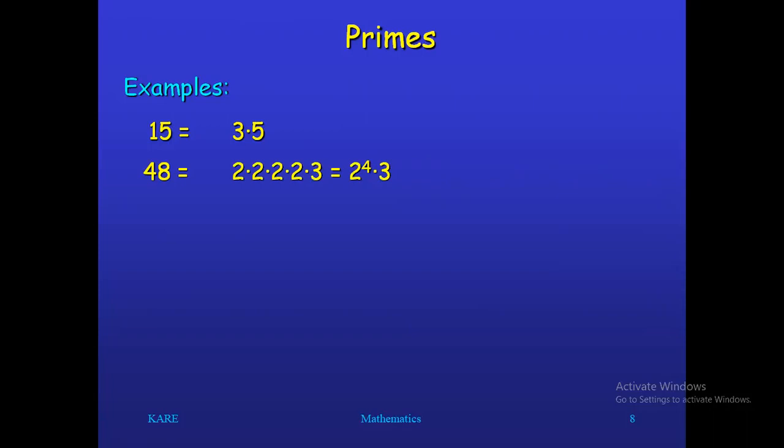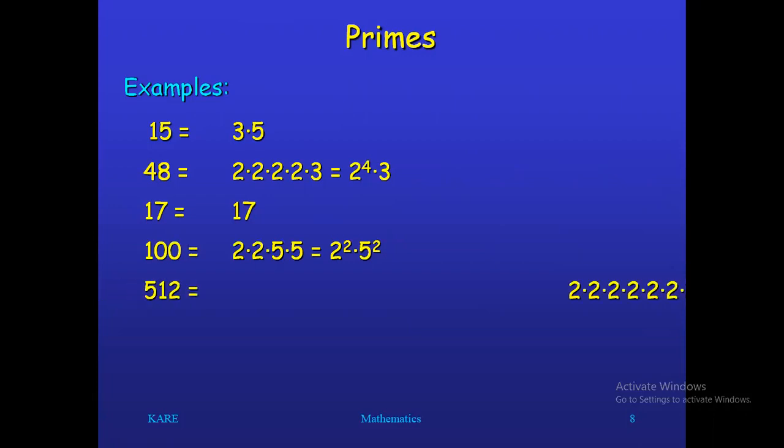The next, 2 into 2 into 2 into 2 into 3, that is equal to 4 into 3. 17, no other way, 17 alone. 100 is 2 into 2 into 5 into 5, that is equal to 2 square into 5 square. That is 512. Again, we can write it in terms of prime factors.